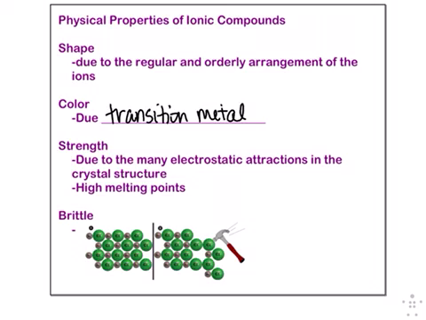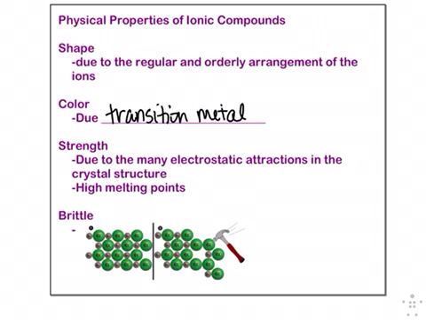The strength of an ionic compound will come from its many electrostatic attractions in the crystal structure. So essentially, every ion is either being attracted or repulsed, pushed away, from the next one to it.